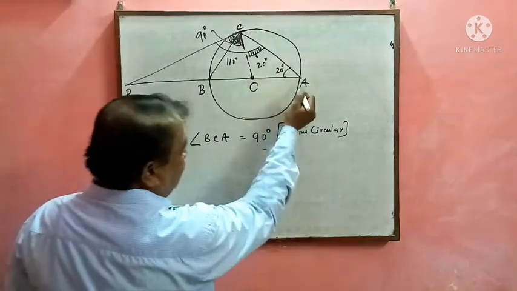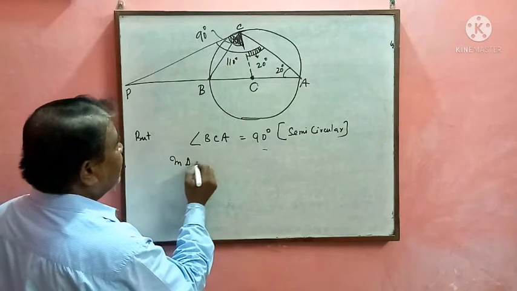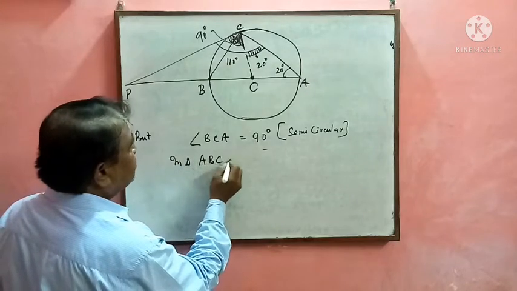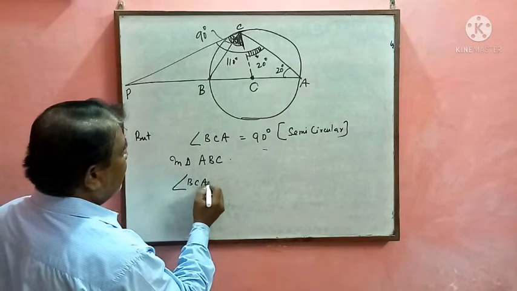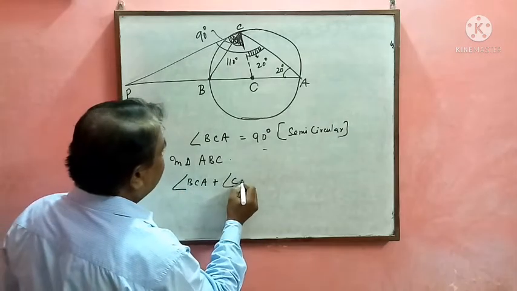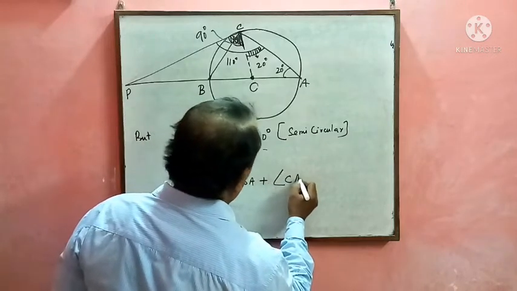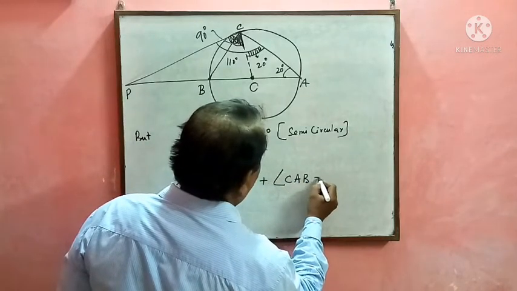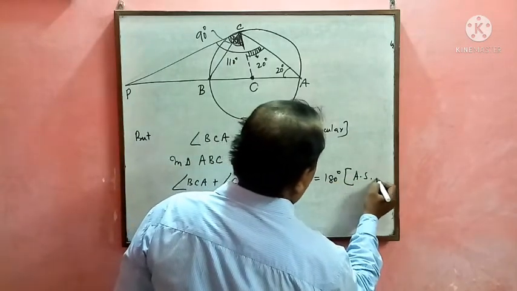Since AB is the diameter, it is an angle in a semicircle. In triangle ABC, angle BCA plus angle CBA plus angle CAB is equal to 180 degree, angle sum property of triangle.